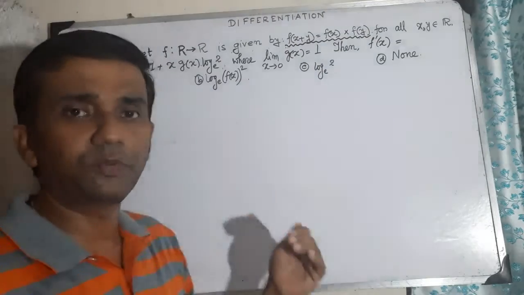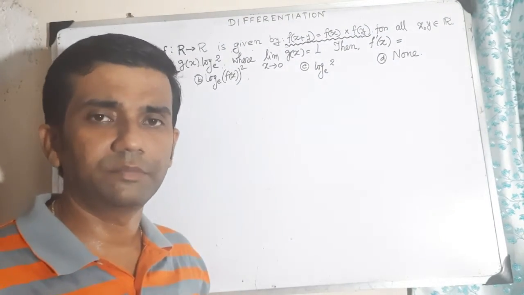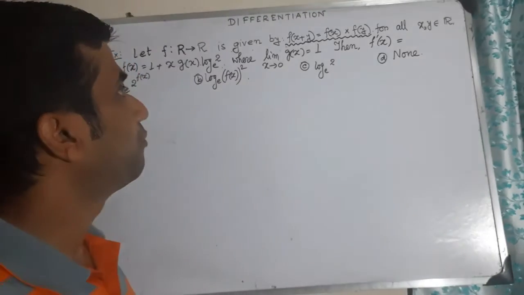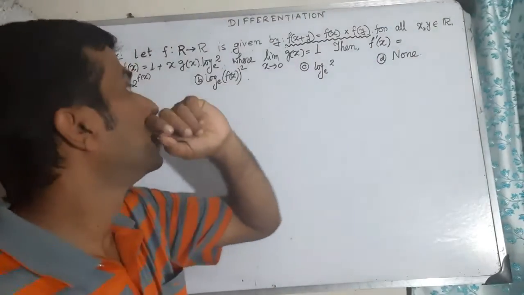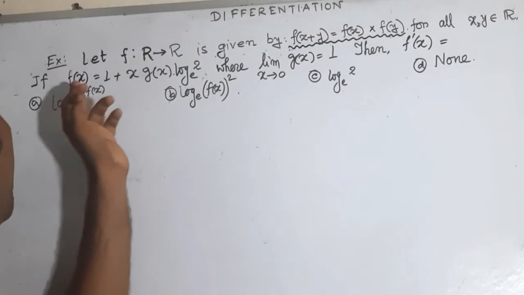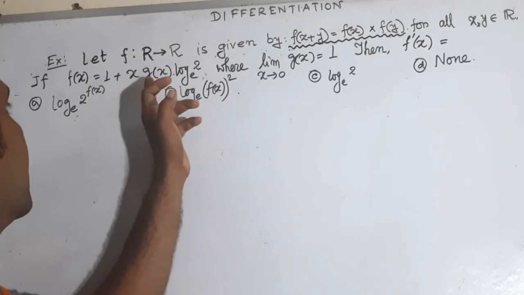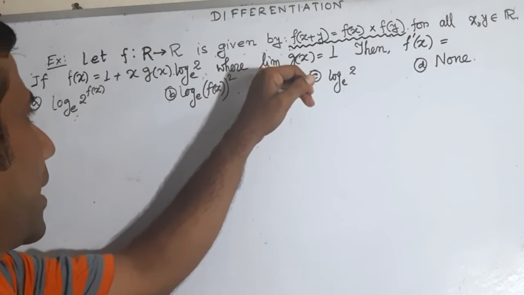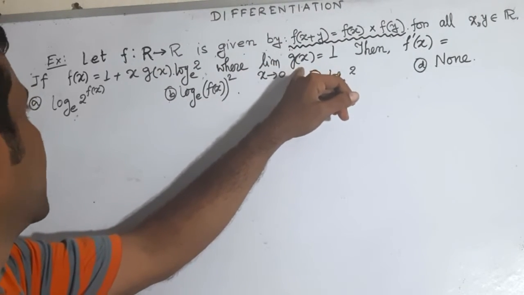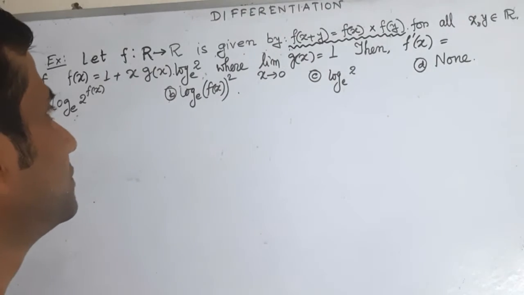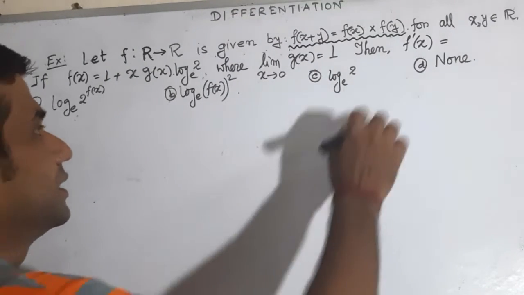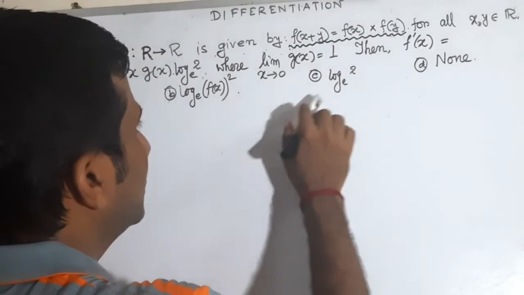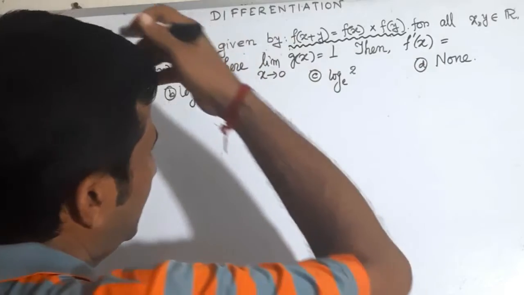These problems are very important for your upcoming exam, that is for Mains or JEE. For all x, y belongs to R, and if f(x) is equal to 1 plus x into g(x) into log 2, where limit x tends to 0 of g(x) is equal to 1, then f dash x is equal to log 2 to the power f(x), log f(x) square, log 2, and none.